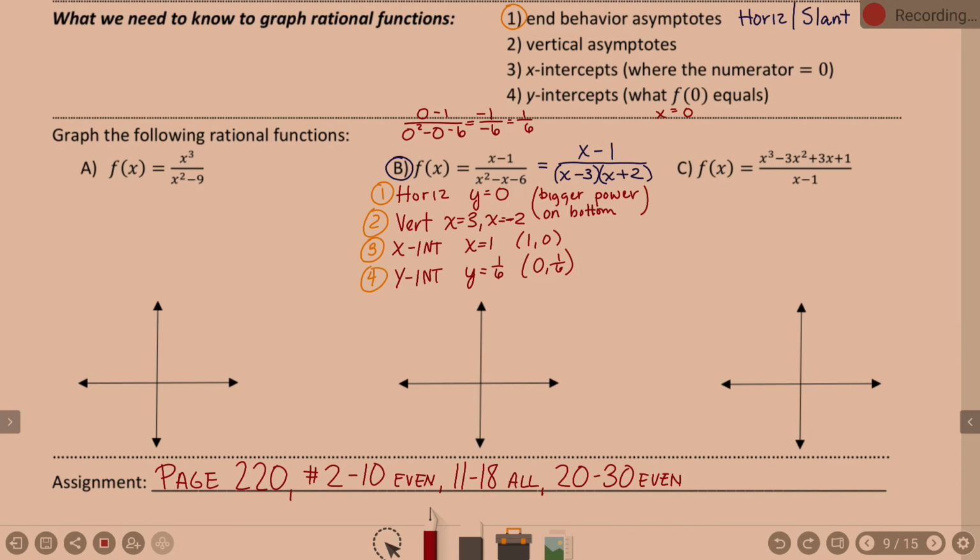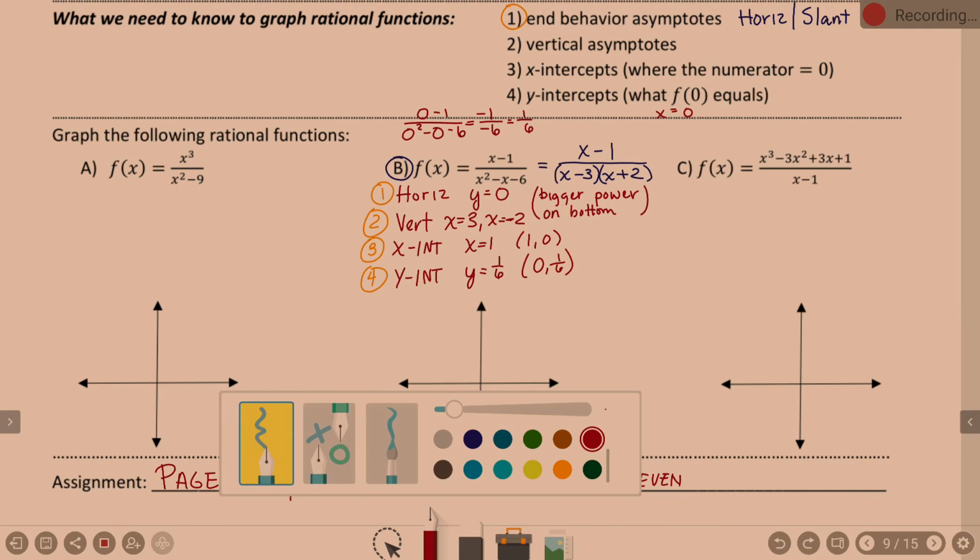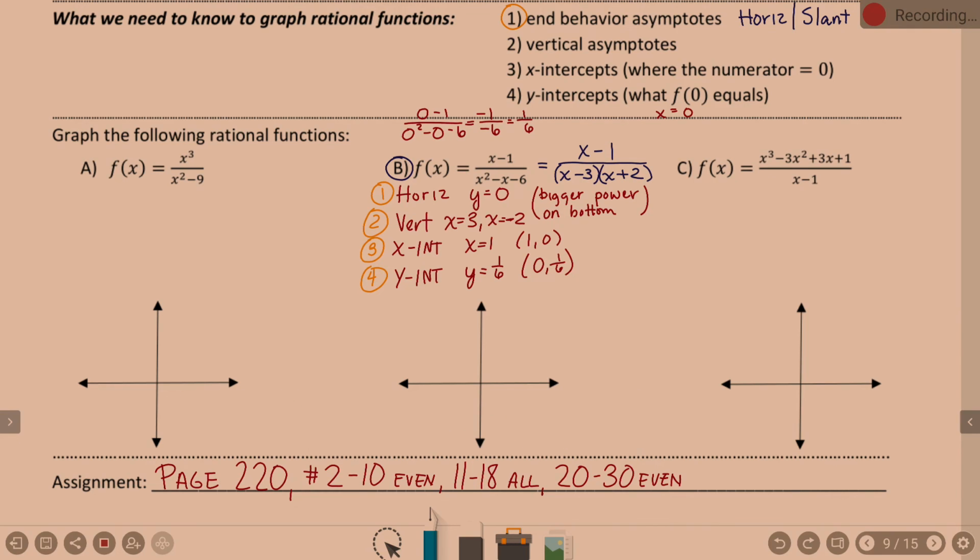Okay? So, horizontal asymptote, y equals 0. It's not going to cross the y-axis as it goes off to the ends. Doesn't mean it can't cross in the middle, FYI. Okay.